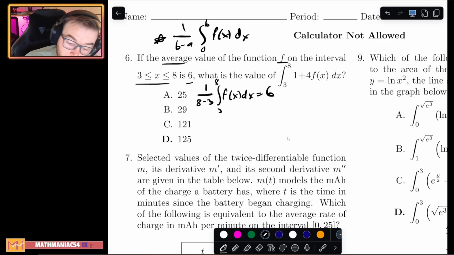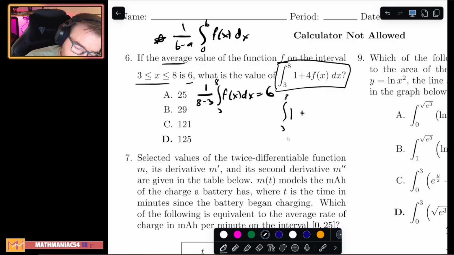Now you might be thinking, okay, what good is that? Well, it's worth a lot because we're interested in the value of this integral over here. Now, can we solve part of this? Well, I think breaking it up into chunks would be beneficial.